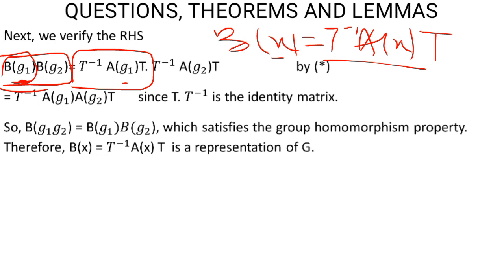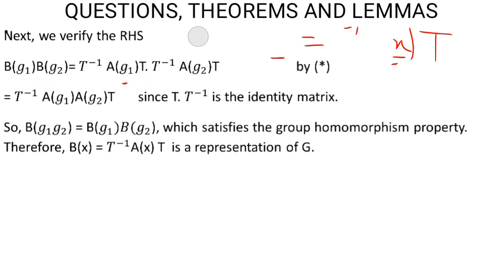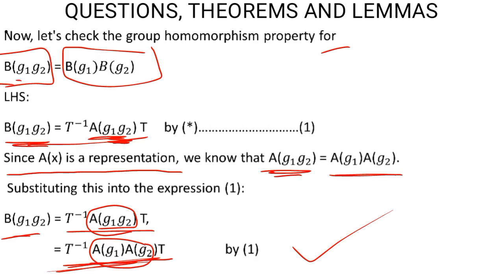And then BG2, wherever there is X, we put G2. That's why you have this here. So our target is to simplify it and see if we'll get back this answer. We want to see if it will give us the same answer.